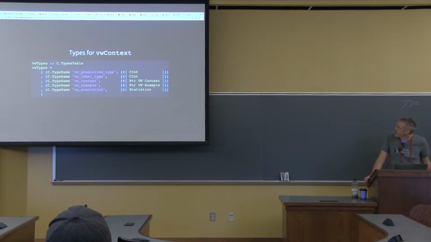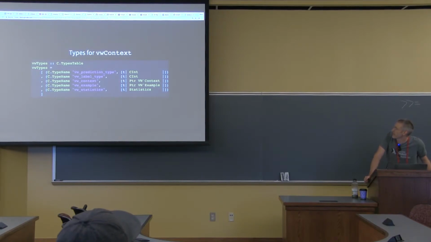So the types table is pretty simple. I need to get an enum out for the prediction type and for the label type. I'm going to need to define those void pointers, context and example, which on the Haskell side are pointers to void types. So VW apostrophe context and apostrophe example are void types. And then I'm going to have a statistics struct. And in those quasi-quotes on the right, those are from Template Haskell.